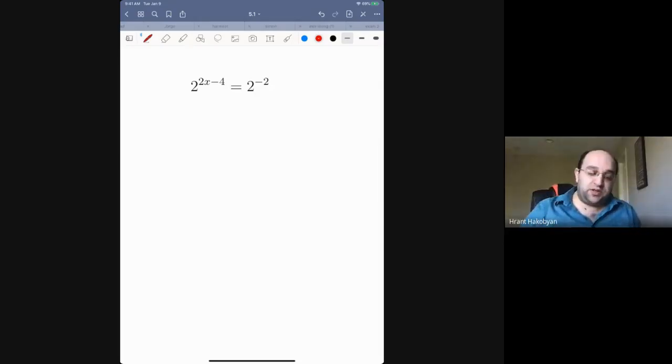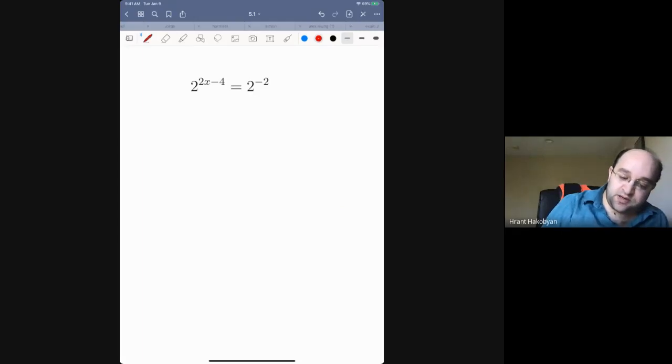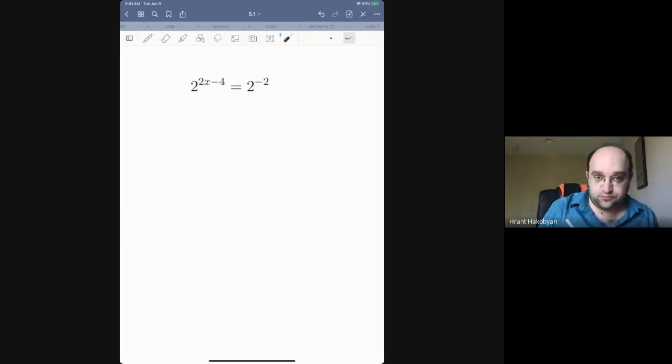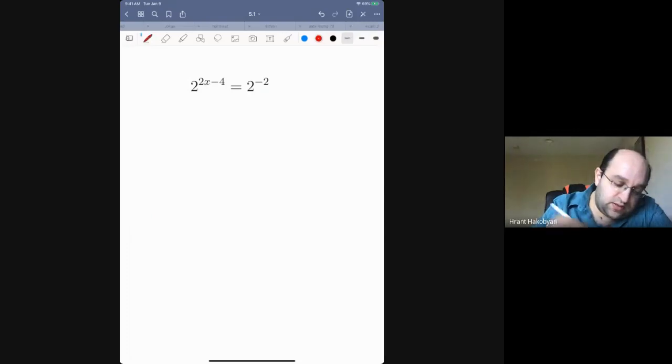But the point is that if the bases are the same, then the exponentials are the same when the exponents are the same. So all you have to do is set this equal to that and solve. Okay, so let's do that.